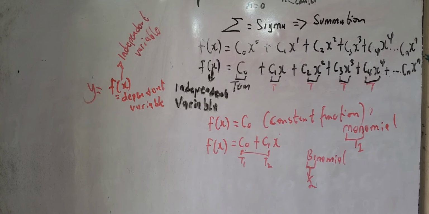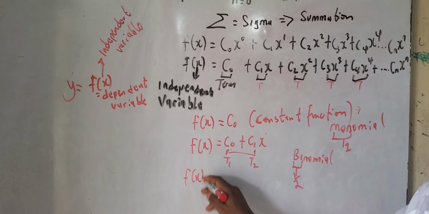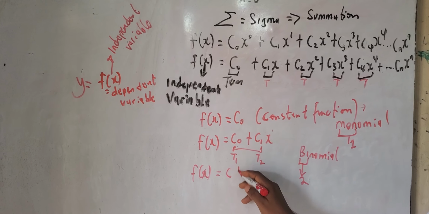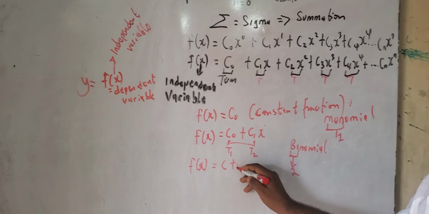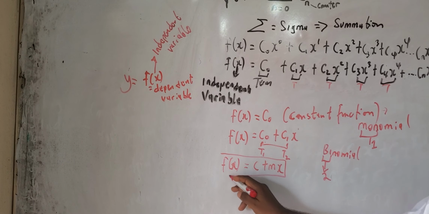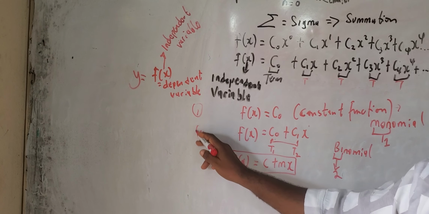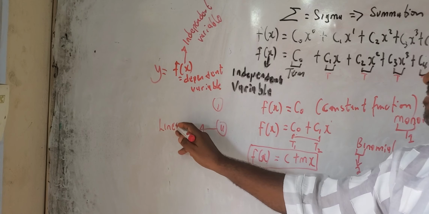This binomial is also known as a linear equation. Linear in the sense that if I take this c0 as my c, plus this c1, if I take it as a gradient of this variable x on a graph, then this is similar to the normal straight line graph. This case number 2, I call it linear function.